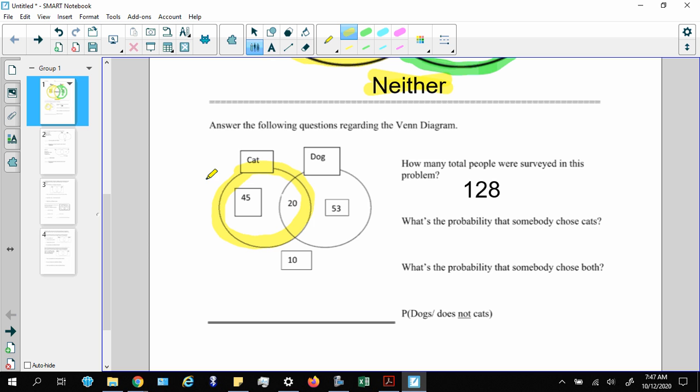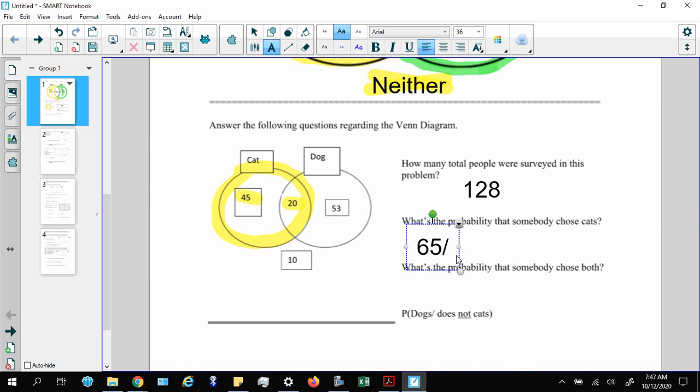What has a cat? When you add these two up, 20 and 45, you get 65 people who have cats. But we're looking for the probability, so we divide that by the total number of people, which gives you 50.7%.